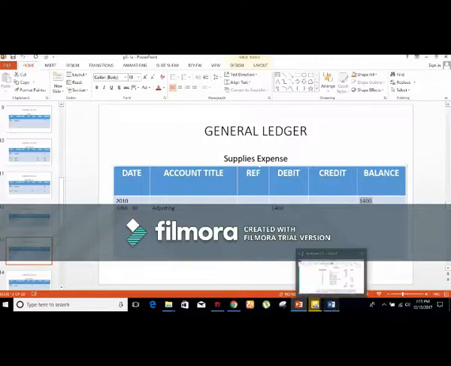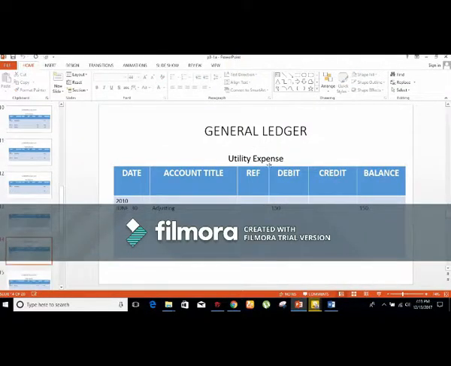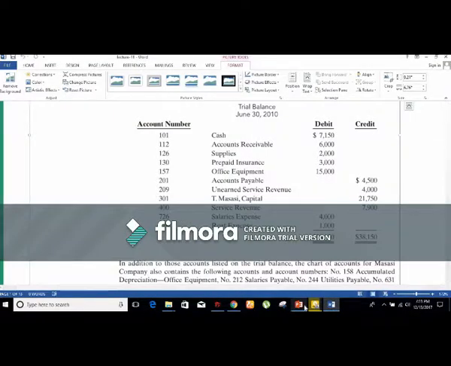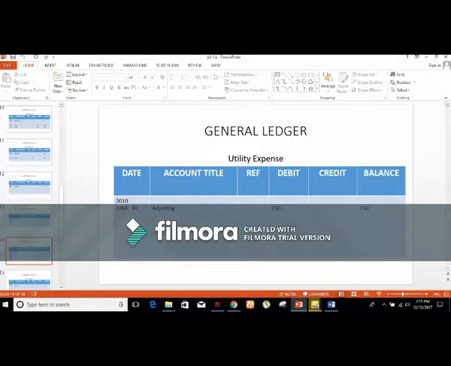And the next one is utility expense. Let's see utility expense. Here it is. Utility expense is a debit balance, given as 150. So we write it here as adjusting, 150.